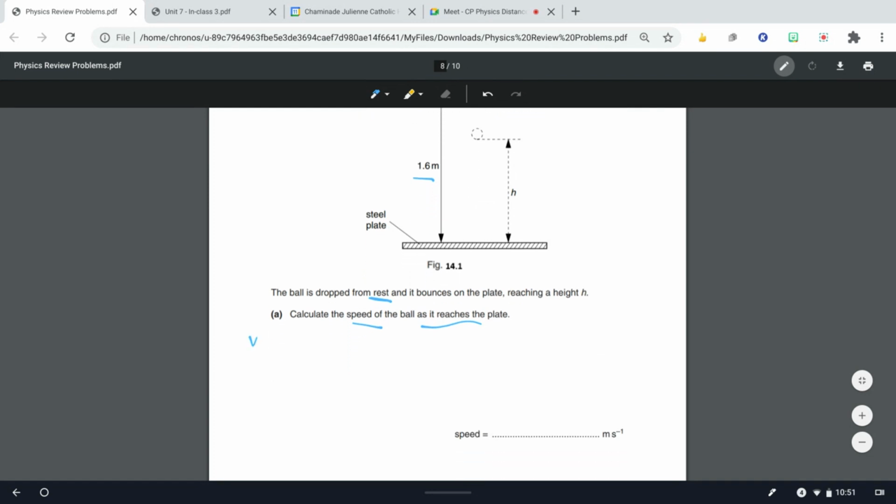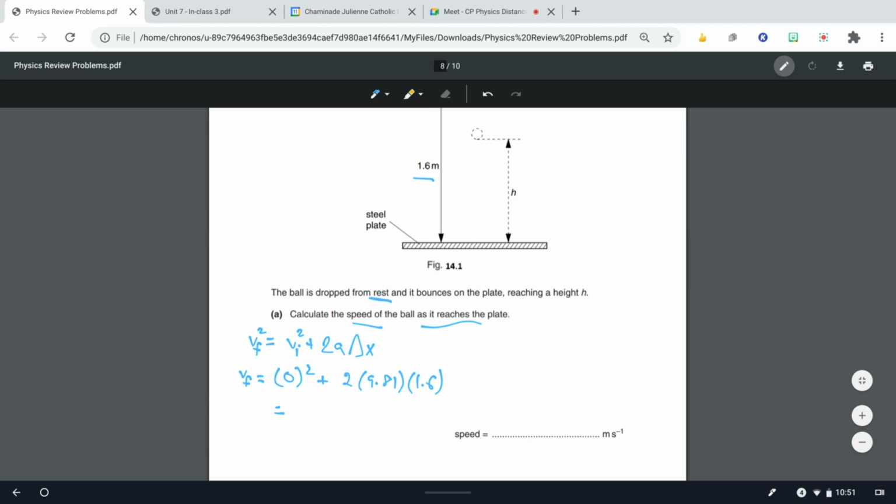So you could find Vf using the third equation of motion, Vf squared equals Vi squared plus 2a delta x. So Vf squared is going to be 0 squared plus 2 times 9.81 times 1.6. And your final velocity is going to be the radical of 2 times 9.81 times 1.6.